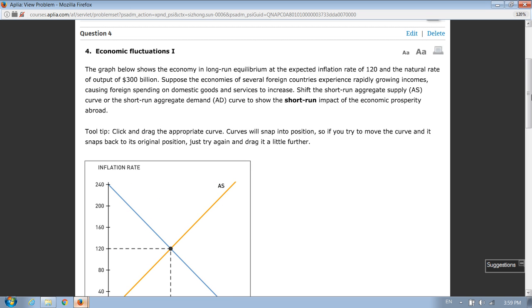Economic fluctuations. The graph below shows the economy in the long run equilibrium at the expected inflation rate of 120 and the natural rate of output of $300 billion.